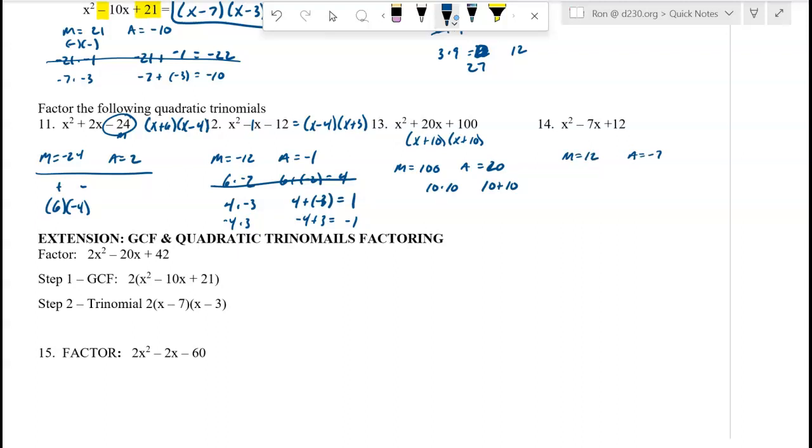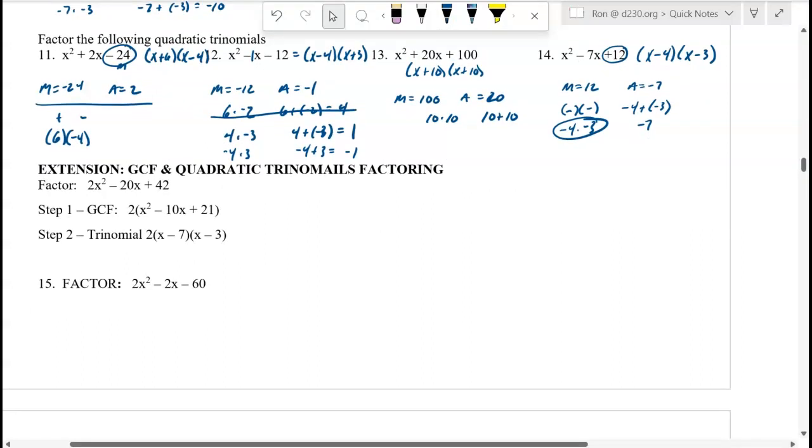Well, this is positive and that's negative, so they're both going to be negative. So negative 4 times negative 3 gives you 12. Negative 4 plus negative 3 is negative 7. So these factors work. So (x - 4)(x - 3).